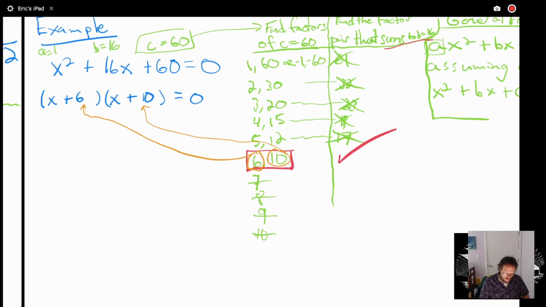So now what can we do with this? Well, we can check that this does in fact factor. Check. How are we going to check? We're going to use the distributive property, or FOIL, which we proved last week.